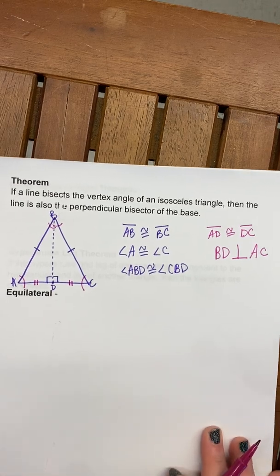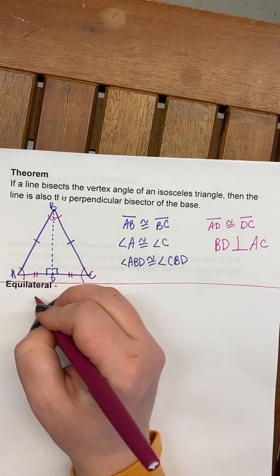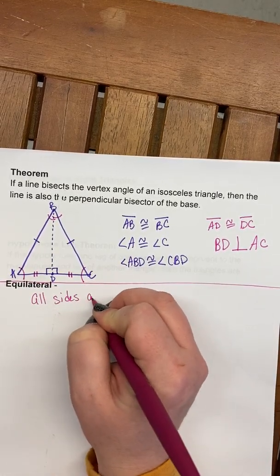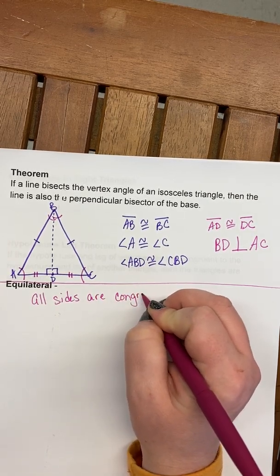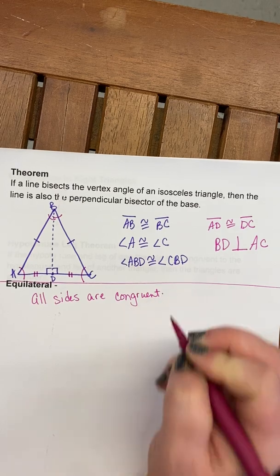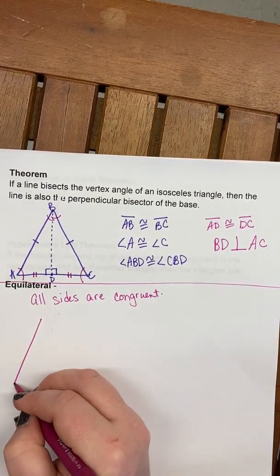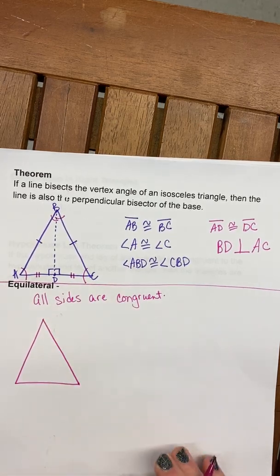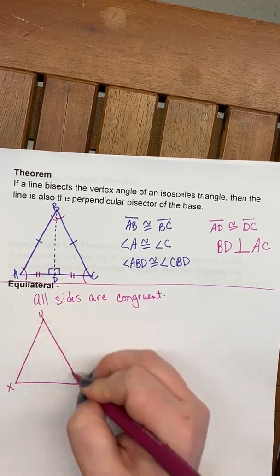All right, equilateral triangles. Equilateral means that all sides are congruent. Remember that congruent means equal. They have the same measure. So we have another triangle here, and I'm going to call this triangle XYZ.